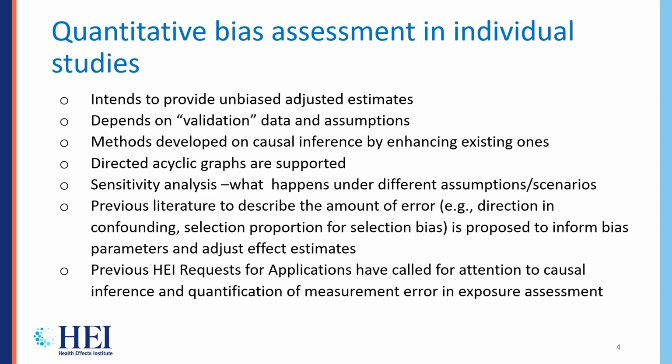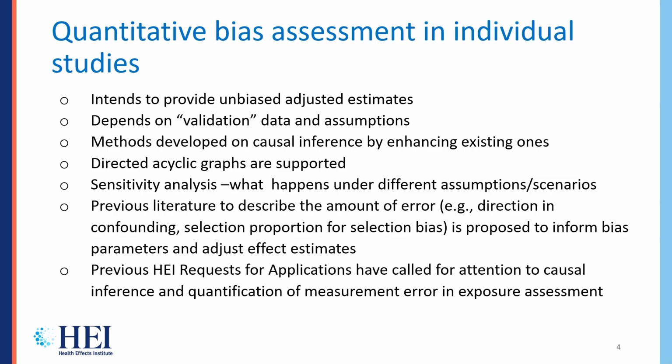And some of the methods require validation data sets where we believe we know what is truly going on. Recently, a lot of attention has been brought into air pollution epidemiology in developing causal inference approaches to address mainly residual confounding, but these have not gained great application, maybe due to computational burden in some cases or lack of expertise in other cases.